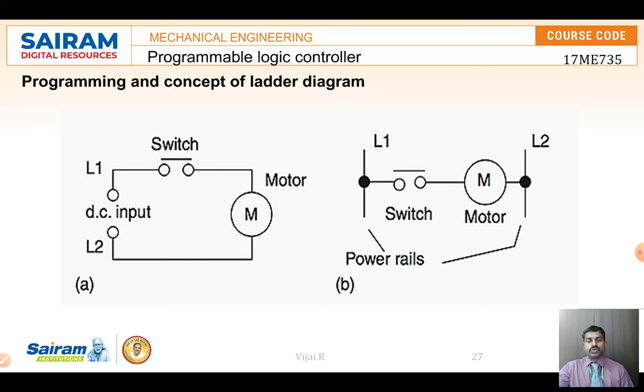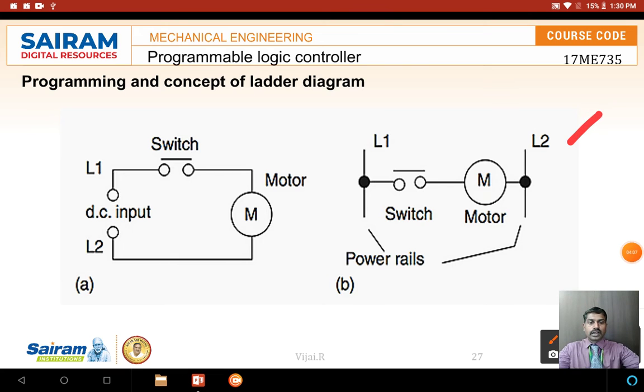At the same time, how can we show this as a ladder diagram? We show two vertical lines, L1 and L2. And this horizontal line is called a rung. So we call it the horizontal rung, which is connected with the motor.